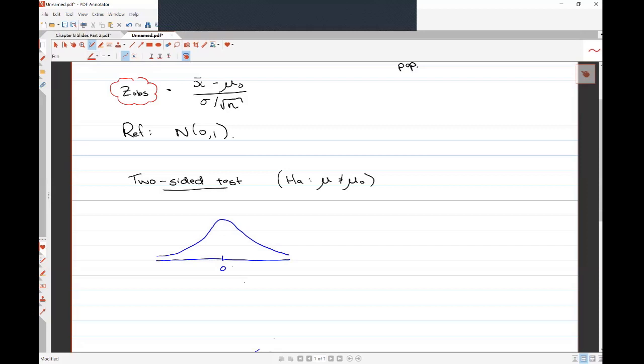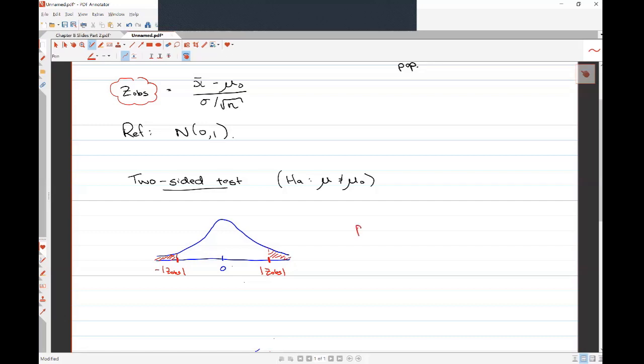Regardless, you are going to take the absolute value of that and consider both the negative and the positive of the absolute value. In the two-sided case, your p-value is defined as the area to the left of the negative absolute value plus the area to the right of the positive value.